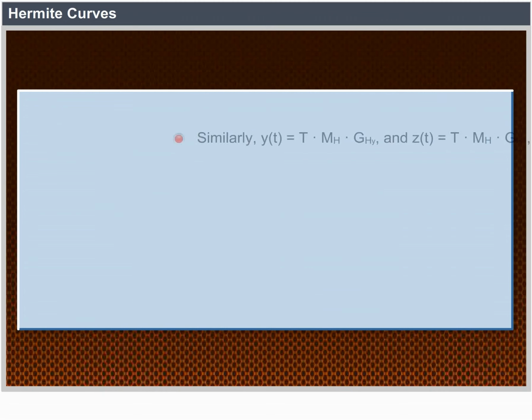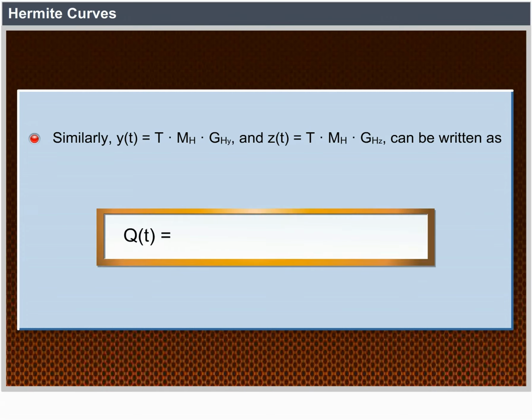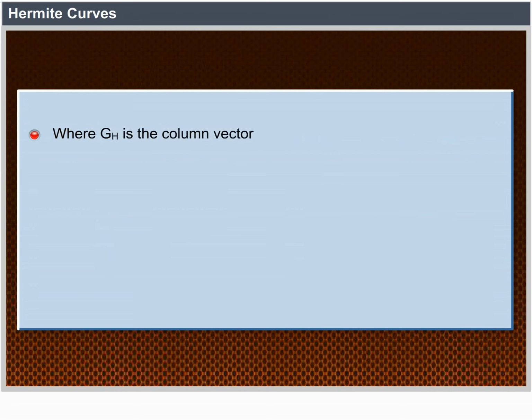Similarly, y of t equals T MH GHy, and z of t equals T MH GHz. So we can write q of t equals x of t, y of t, z of t equals T MH GH, where GH is a column vector: P1, P4, R1, R4.